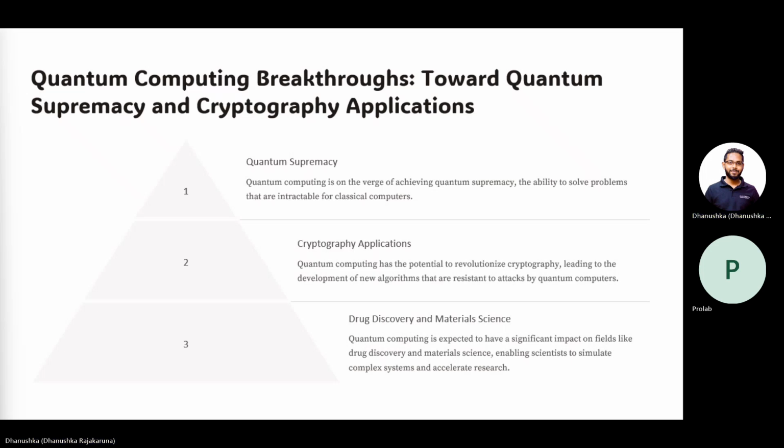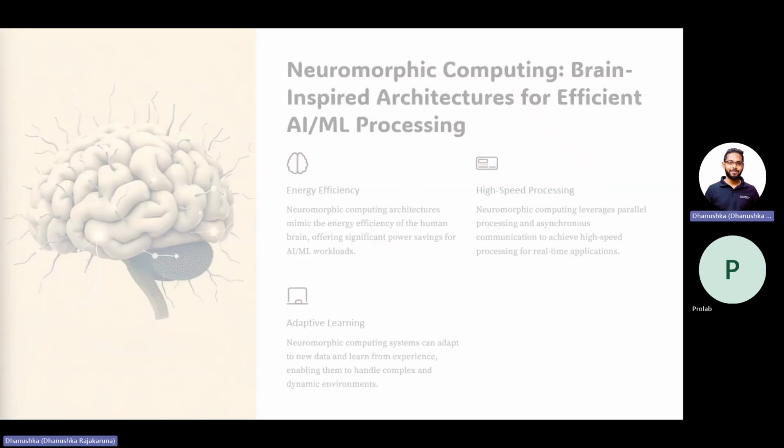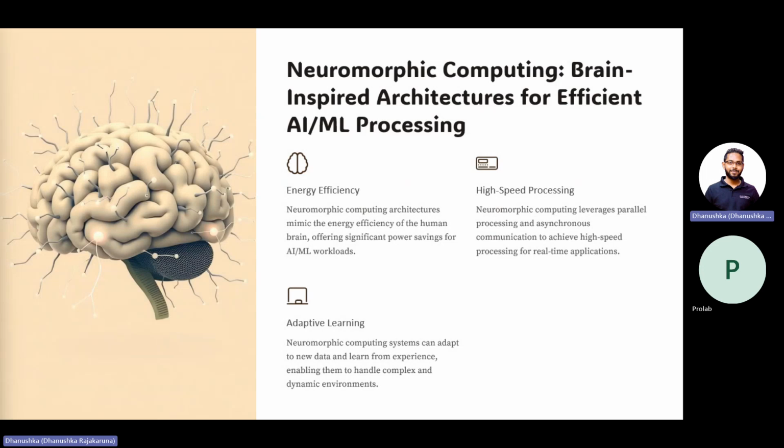So next, we will talk about neuromorphic computing. This is a brain-inspired architecture for efficient AI/ML processes, artificial intelligence or machine learning processes. Neuromorphic computing mimics the structure and function of biological brains to create hardware and systems capable of effective low power computation.